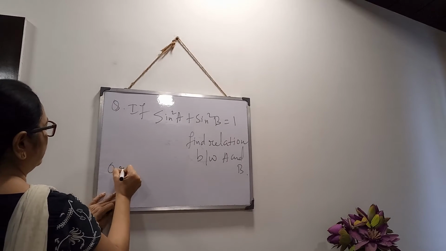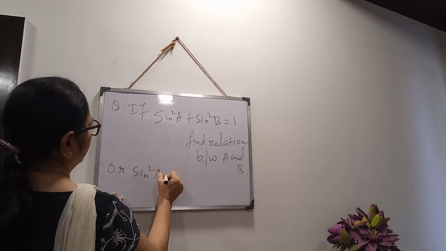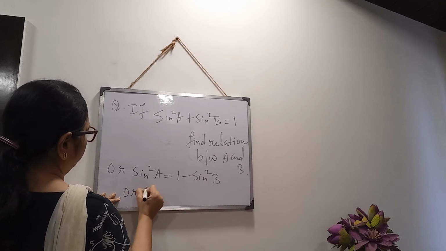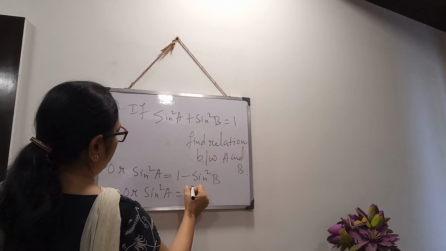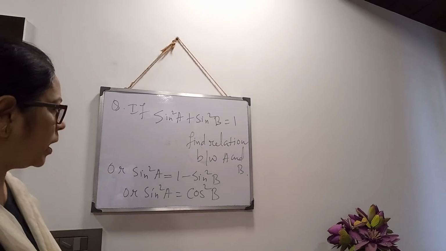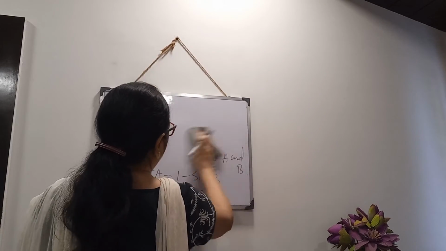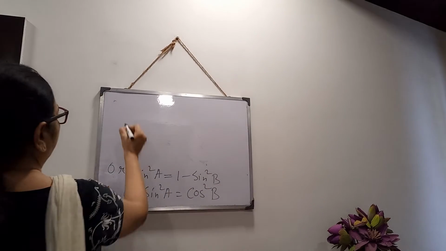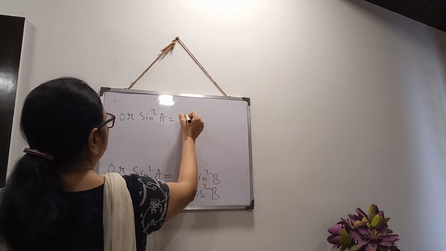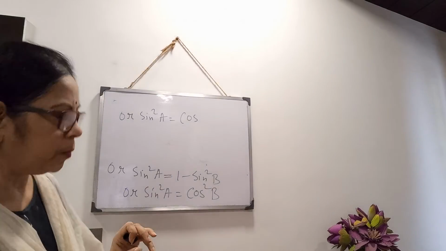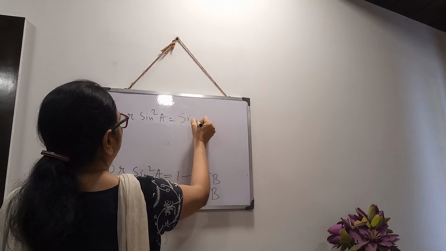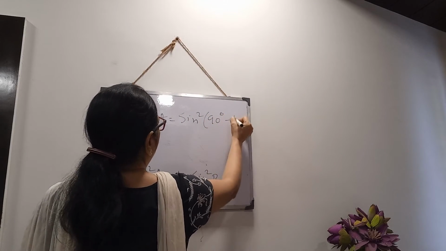So from here I am starting. Sin square A equals 1 minus sin square B. So sin square A is coming, by using the formula, cos square B. When there is an equal sign, what can we write? On the right hand side, cos square B we can write as sin square 90 minus B. Clear?